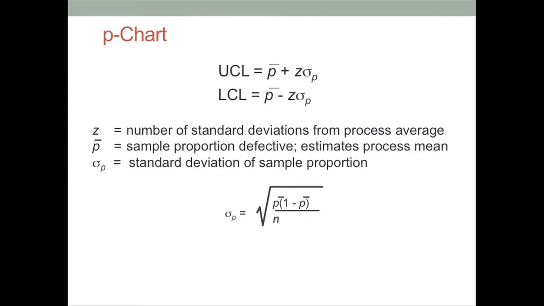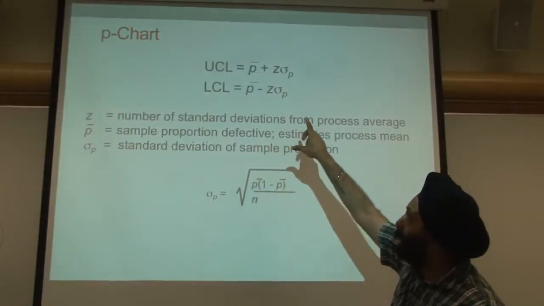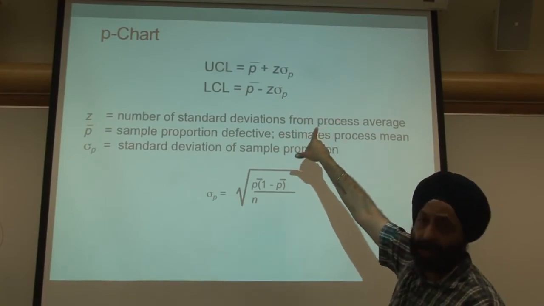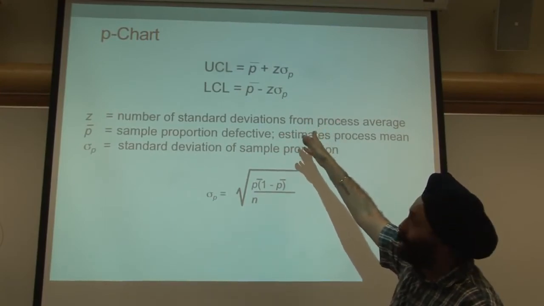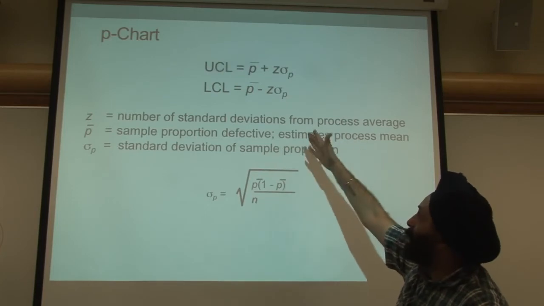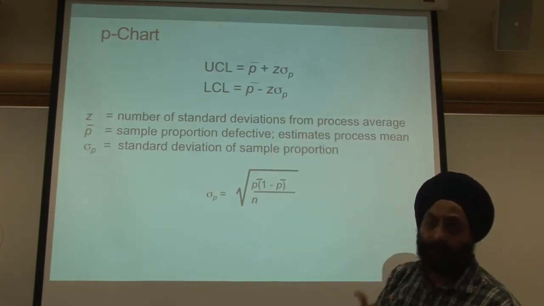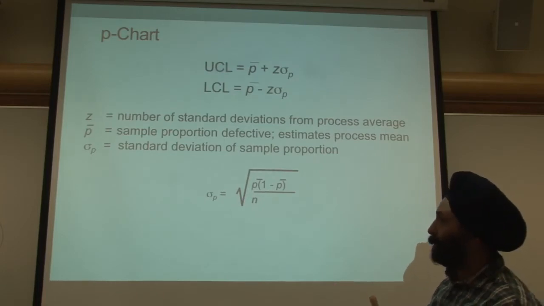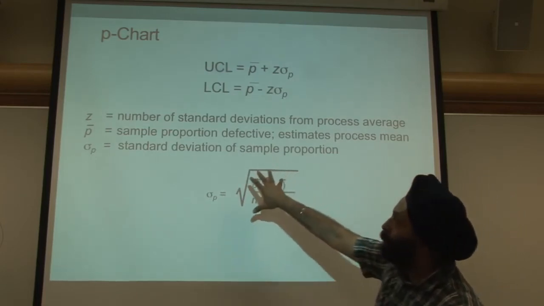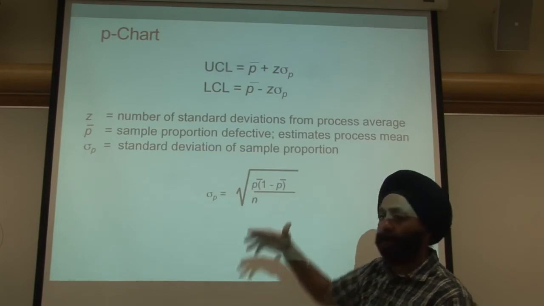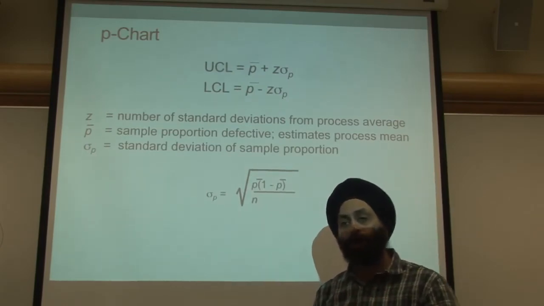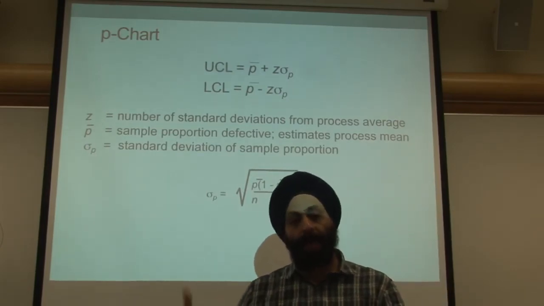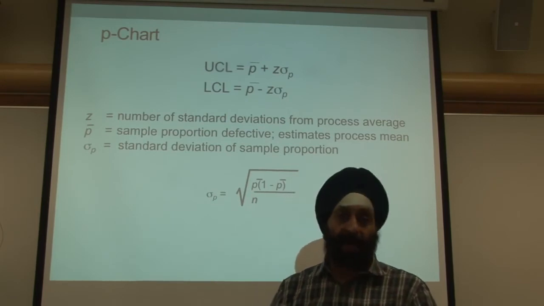For the P chart, the formula is pretty straightforward using the normal distribution. You have the average plus Z times the standard deviation. So that's the number of standard deviations, in this case Z. If it's not given, it's automatically assumed to be 3 by default, as I mentioned earlier. In this case, this is a binomial distribution because you can have only 2 possible outcomes, pass-fail.